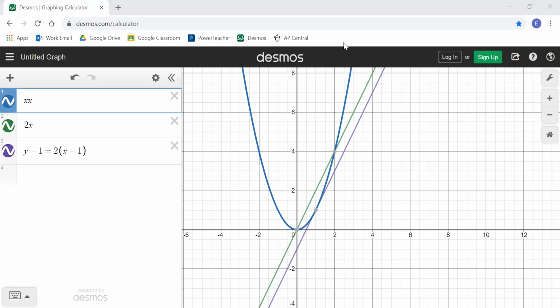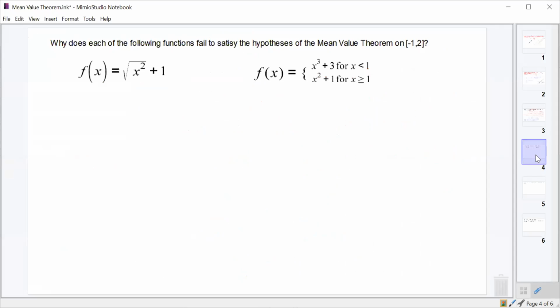All right. So I would like you all to take just a second and look at these two functions and see if you can determine why each of them fail to satisfy the hypotheses of the mean value theorem.